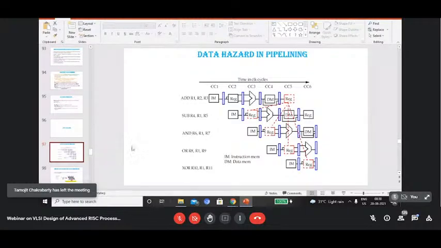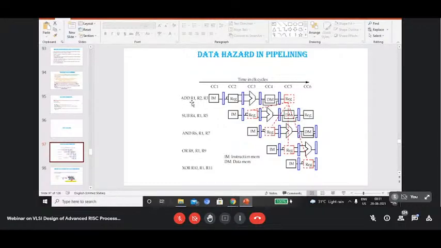Let's consider that there are different units of the pipeline. ADD R1, R2, R3, meaning add R2 and R3 and store in R1. And SUB R4, R1, R5. Now, briefly, you can see here that R1 will be used in the first instruction: R2 and R3 will be added, which will go to R1.